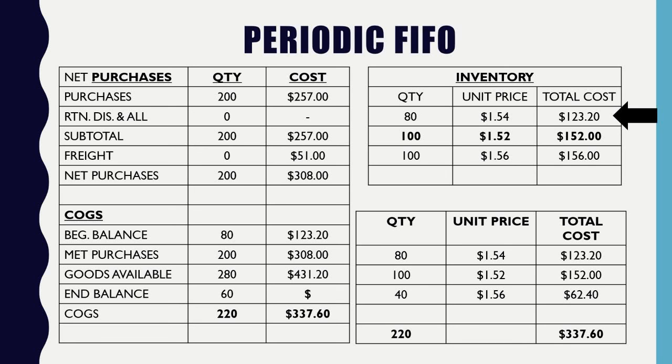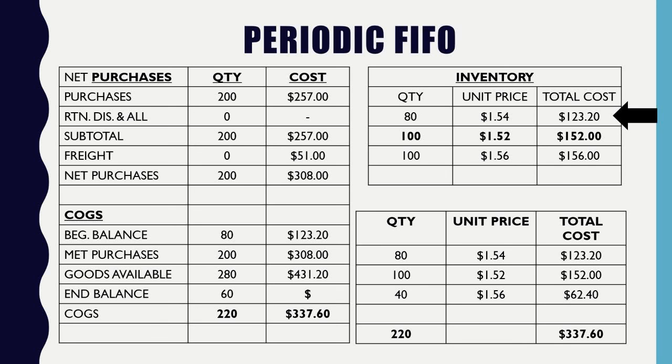So in context, if I made a purchase of 200 and I began with 80, I should have available to sell 280 items. All right? And I add the other two together: my 123 plus my net purchases of 308 to give me a grand total of 431.20. Okay, so that's how much I have available to sell.